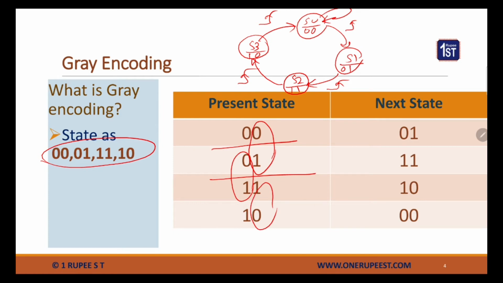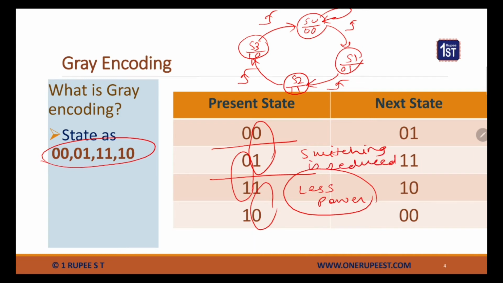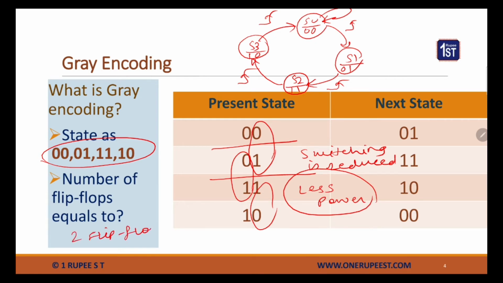That means less power, because I am not switching both bits. Switching is reduced. Although I need two flip-flops because I have only 4 states, it will improve the register to register path timing.